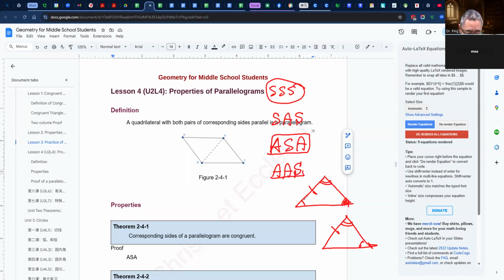So therefore this angle is automatically congruent to this angle. So actually you've got an angle, this is a side, an angle. So it's actually this one. So this is a kind of variant on this one. Good.